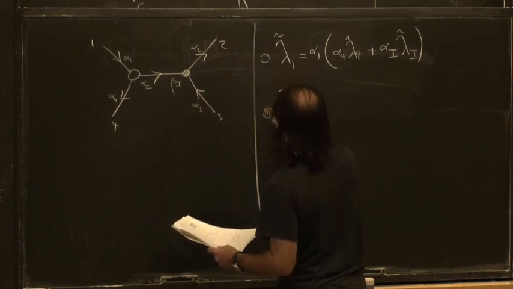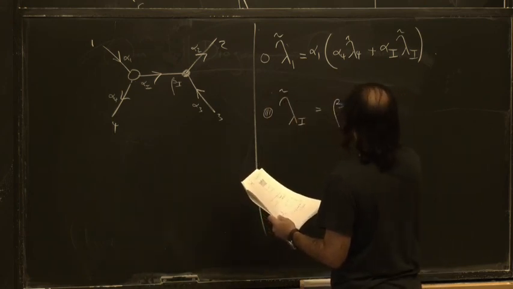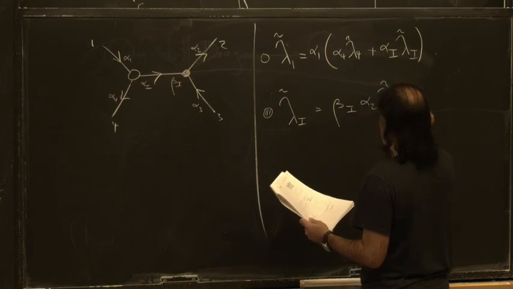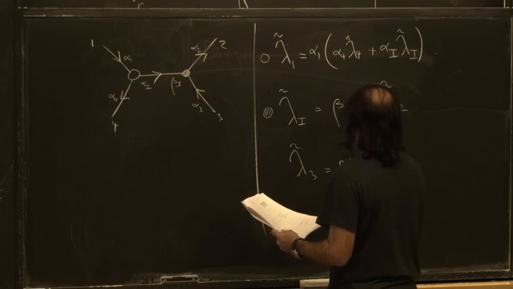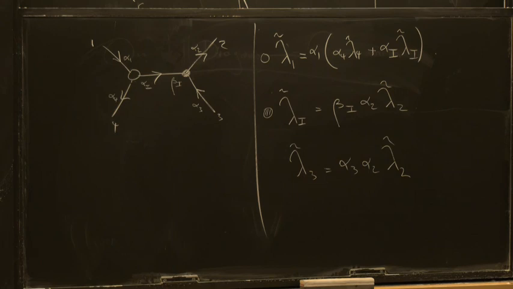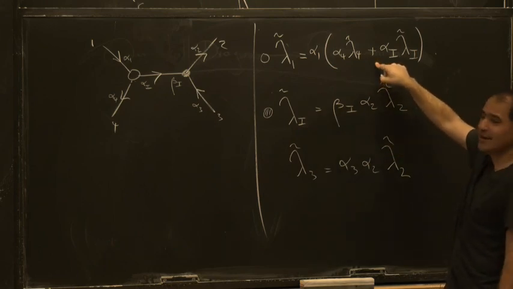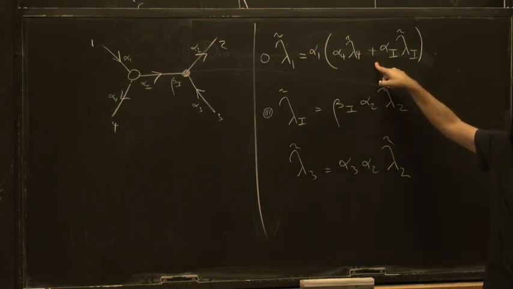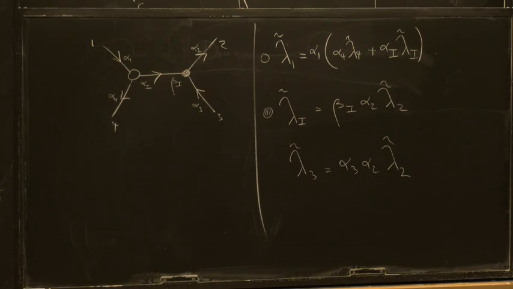From the black vertex, I learned that lambda tilde I is beta I alpha 2 lambda tilde 2, and that lambda tilde 3 is alpha 3 alpha 2 lambda tilde 2. Okay, so I've solved for lambda tilde I rather trivially here, so let me shove it back in there, and now I have the relations between the external data that I'm after, right? I've gotten rid of lambda tilde I.